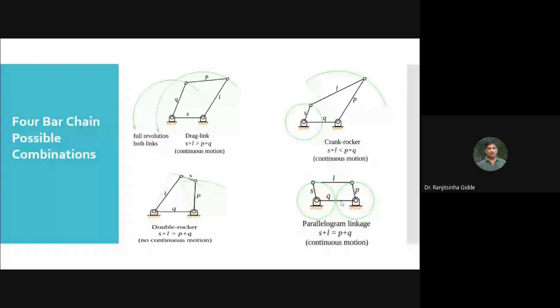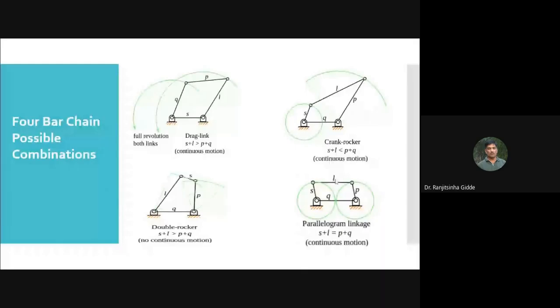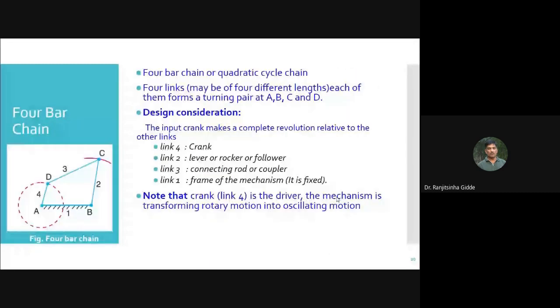So S plus L is equal to P plus Q when Q is fixed. The longest length, that is this L, is equal to Q. Then we can have a parallelogram linkage. The best example for this is the coupled locomotive.